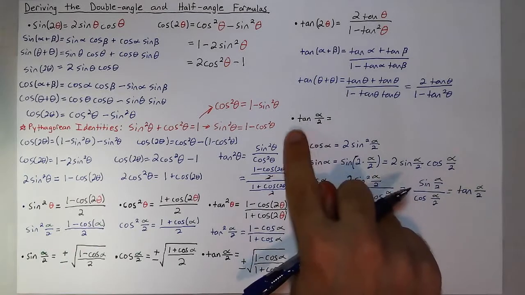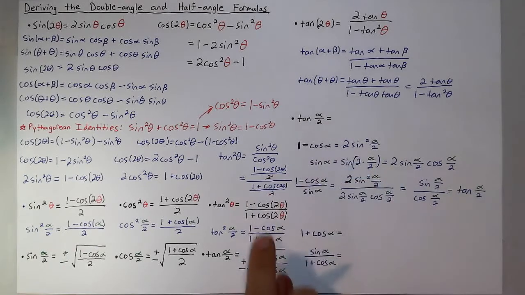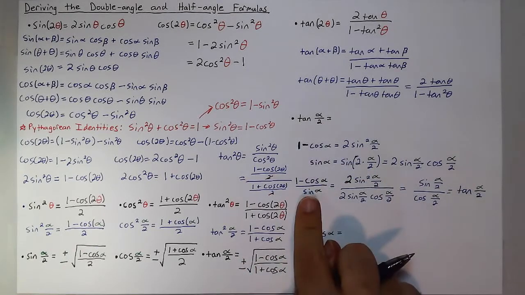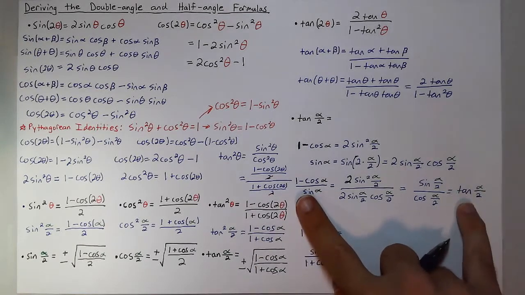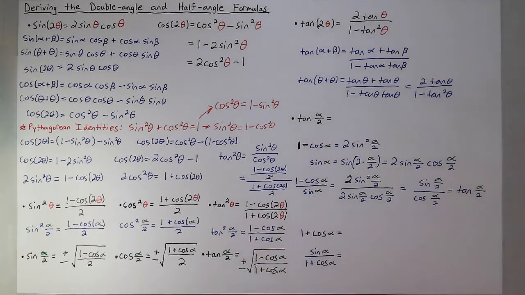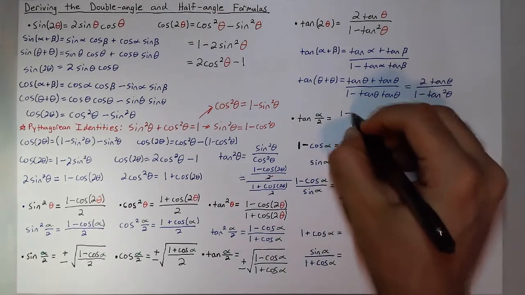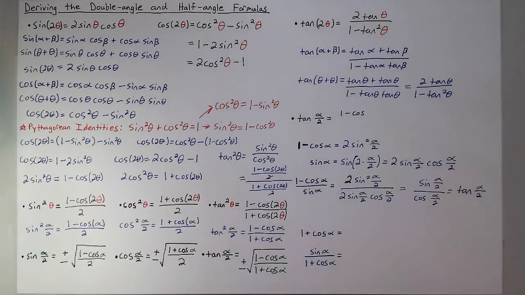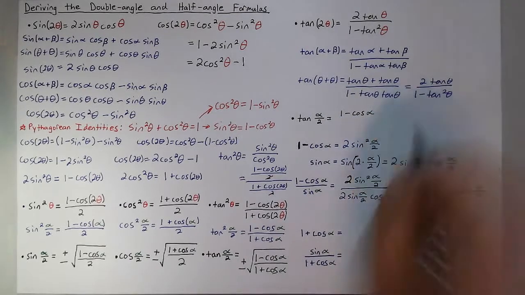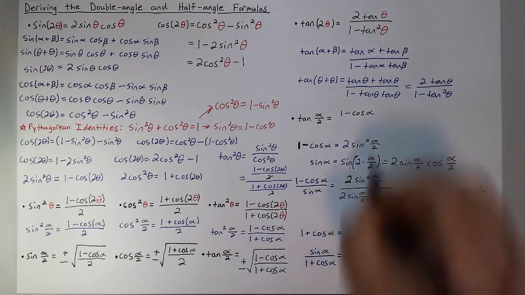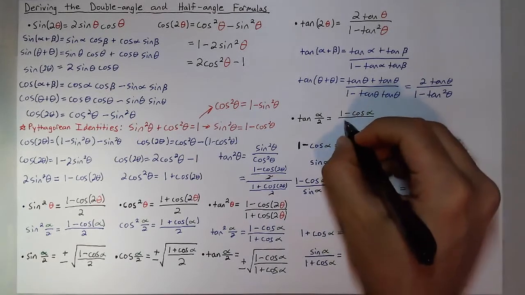So another way I can write this formula, instead of as the square root, I can write it as 1 minus cosine alpha over sine alpha, since I just showed that these two things are equal. So this is also equal to 1 minus cosine of alpha all over sine of alpha.